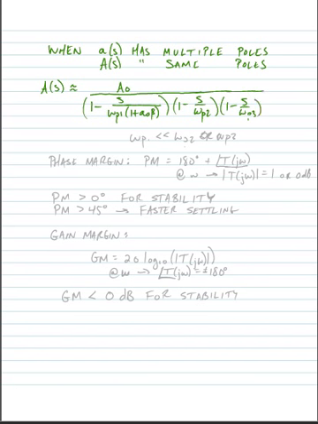And we could keep adding poles. But what we're assuming here is that omega p1 is much, much less than omega p2 or omega p3.